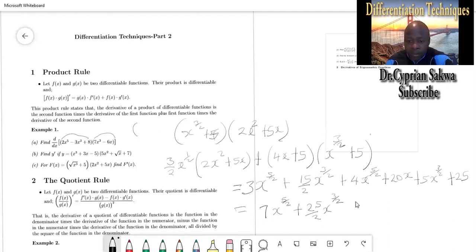Then we have this 4x 5 over 2. So I've dealt with this one and that. So I'm left with this 20x, and then 25. I want to leave the answer at this point, but if you want, you can put it under the same denominator, 2, and you can use the previous example, the way we did the earlier one.